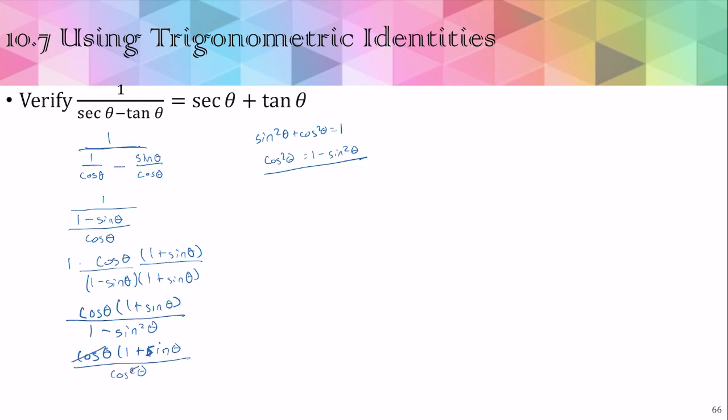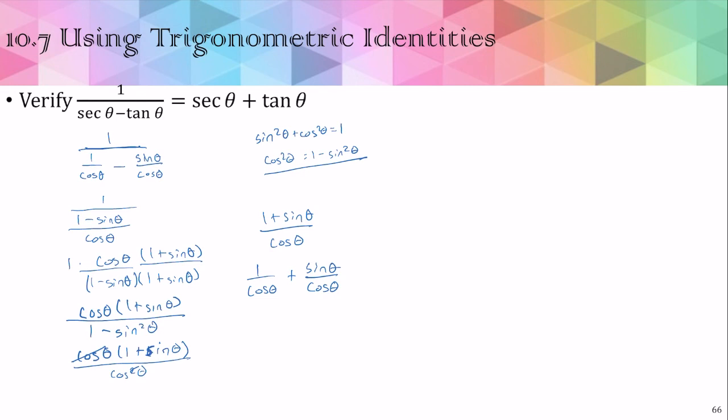Now one of the cosines cancels out, and I have 1 plus sine over cosine. Now that I just have one thing in the denominator, I can split it up into two fractions. It'll be 1 over cosine and sine over cosine.